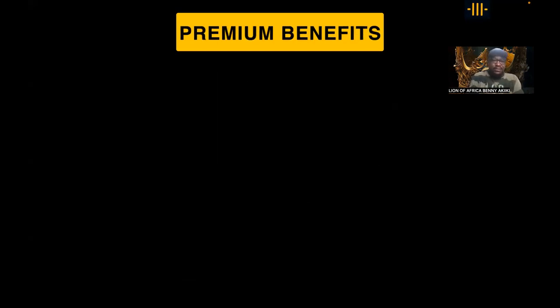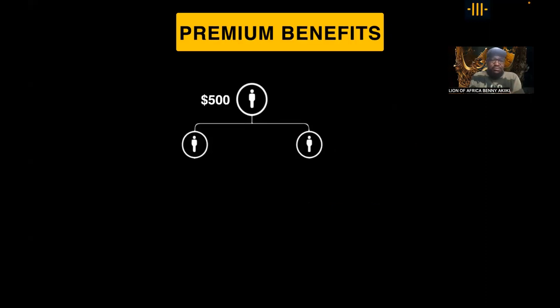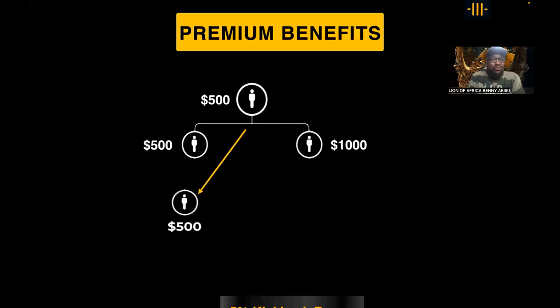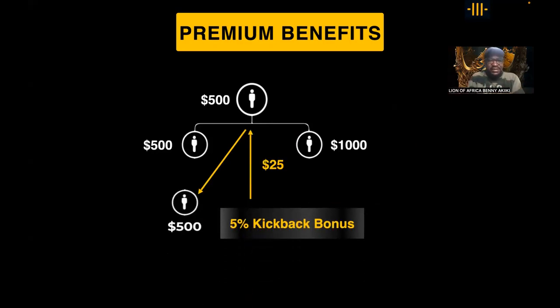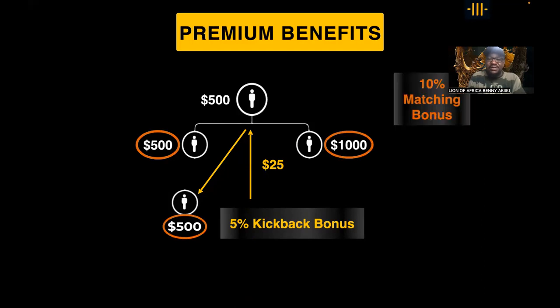Now, this is what happens. Let's say you came in with your 500, you got someone to put in 500, and then you got another one to do 1,000. You get a third person who puts in 500, and immediately there's a kickback: $25 from the 500, and $50 from the 1,000.